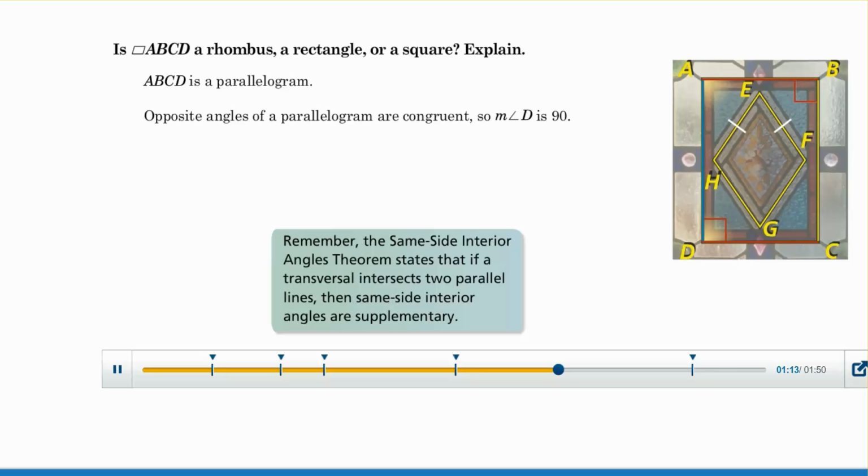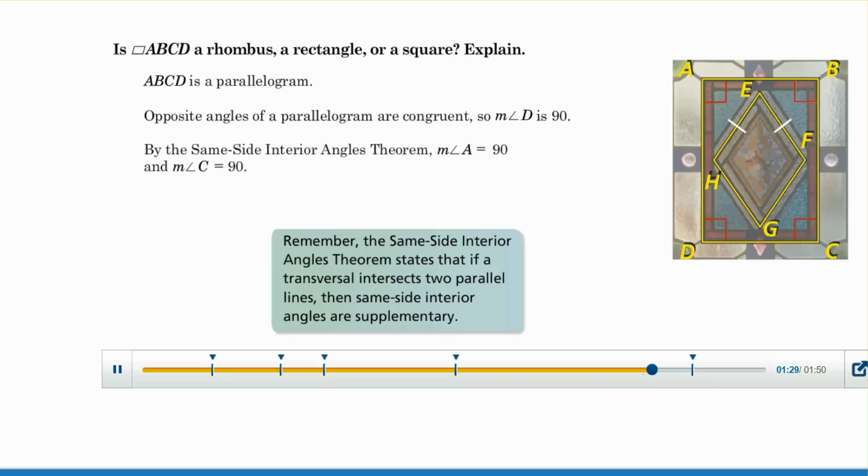Angle A and angle D are same side interior angles. And angle B and angle C are same side interior angles. So by the same side interior angles theorem, the degree measure of angle A is 90 and the degree measure of angle C is 90.